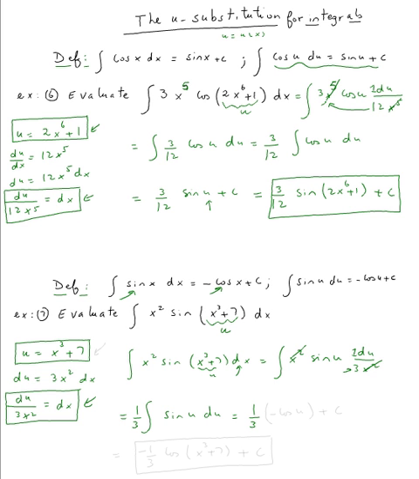It's a multiplication, so don't just write minus without parentheses: minus cosine of u plus constant. So this is going to be equal to minus 1/3 cosine of u, which is cosine of x cubed plus 7, plus C, and we're done.